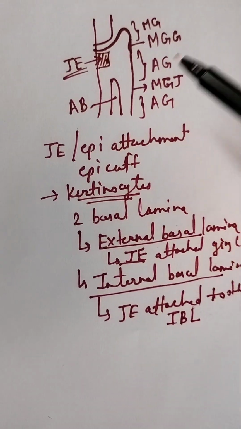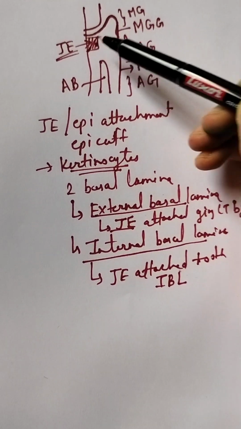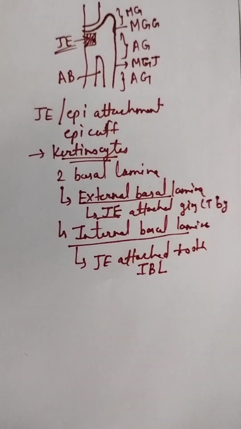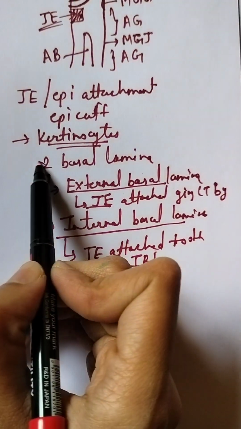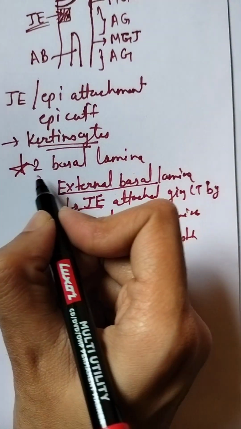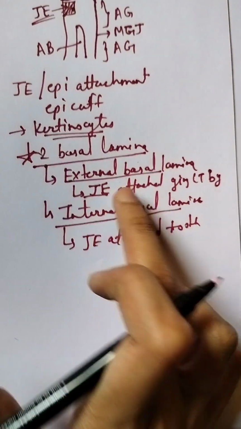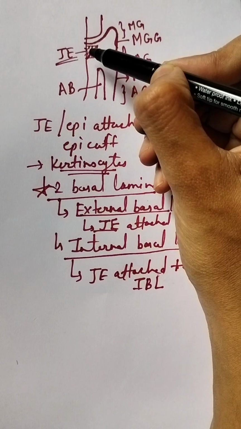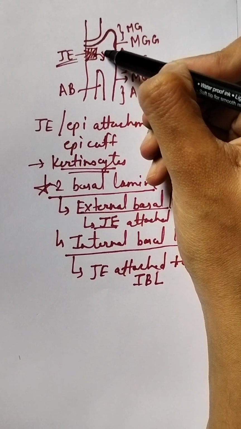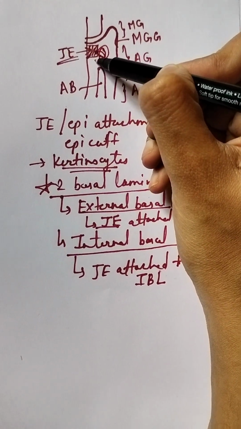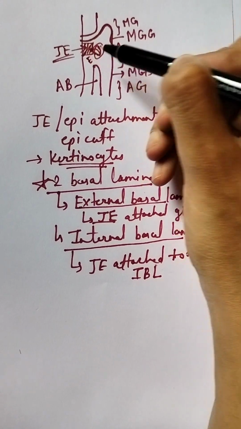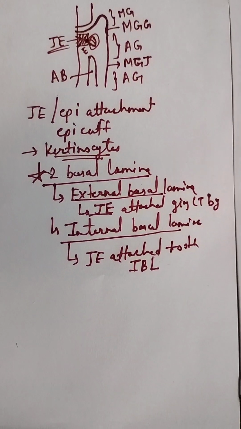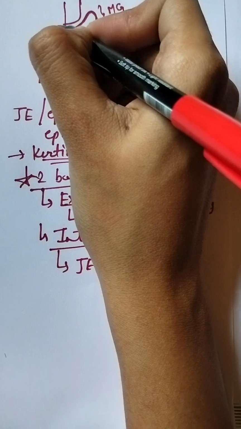Here the junctional epithelium is present. Its main characteristic feature is that it contains two basal laminae, external and internal. It is attached to the gingival tissues by the external lamina and to the tooth by the internal lamina.